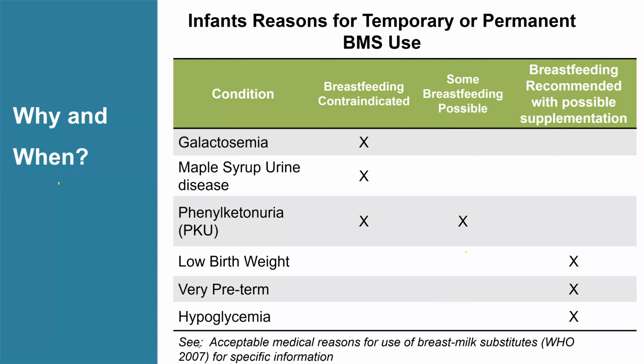PKU as well, although some breastfeeding is possible with close support and monitoring. And temporary supplementation might be required for infants who have low birth weight or who are very preterm or who have hypoglycemia. Breastfeeding is obviously recommended in those situations, but BMS use may be indicated as well in addition.